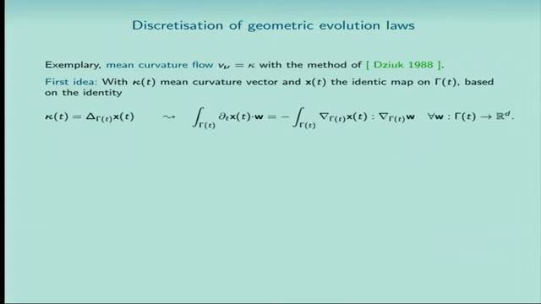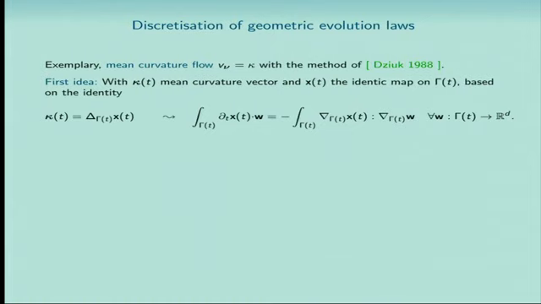And then testing, multiplying with a test function, integrating, and applying some surface calculus, you can come up with this integral here, representing this right-hand side. You see, only first derivatives feature in this context, and we are integrating up. So this is a nice variational formulation for the mean curvature vector. And this is accessible to these finite elements that I've introduced before, because we only have first derivatives now.